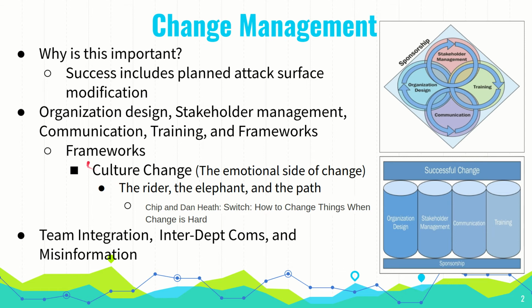One interesting book, case in point, is about culture change, the emotional side of change, how to change something where people do not want to change. There was an interesting book from Chip and Dan Heath called Switch: How to Change When Change Is Hard. The rider, the elephant, and the path is their system, is the way they kind of talk about it.